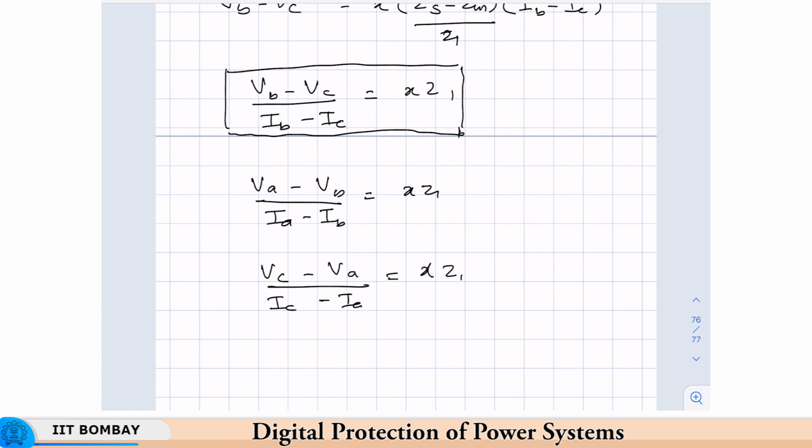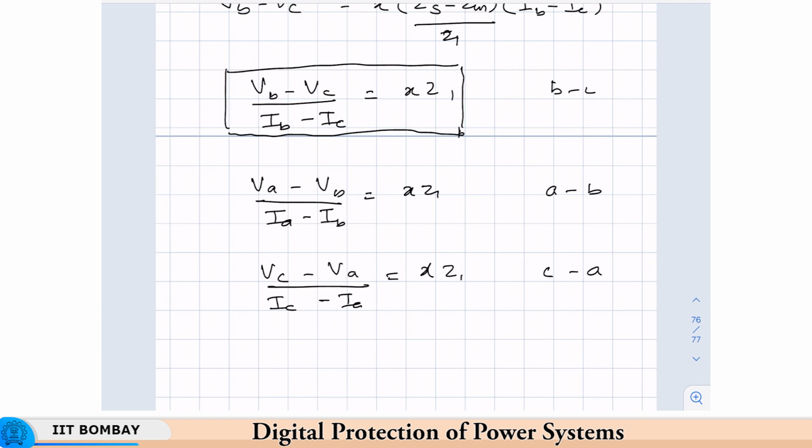So you need not have 3 different elements. They can be all the same set of computational instructions in the same relay. So that saves quite a lot of a burden, other than the fact that, of course, the relay itself has a lower burden on the CTs and PTs.